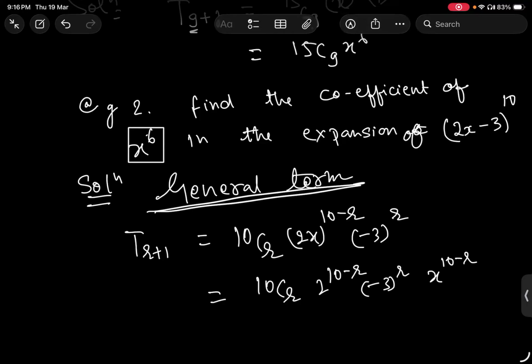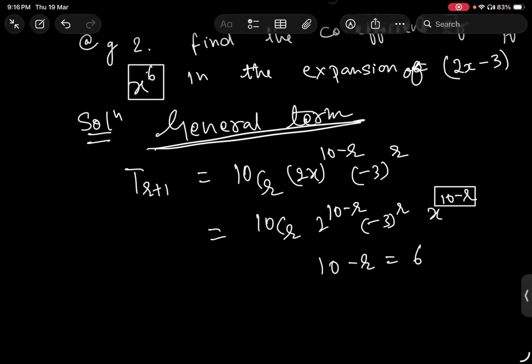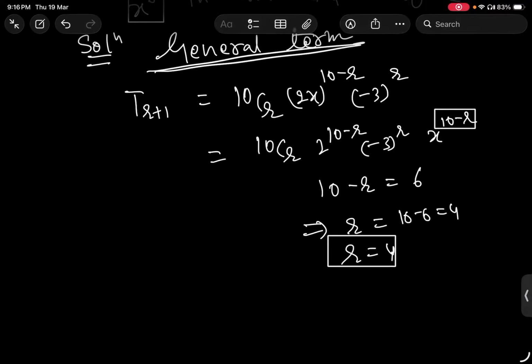For x to the power 6, we must have 10 minus r equal to 6. So if 10 minus r is 6, then the value of r will be 10 minus 6, which is 4. So r is 4. Now we just need to put the value of r, and this whole thing will be the coefficient of x to the power 6.